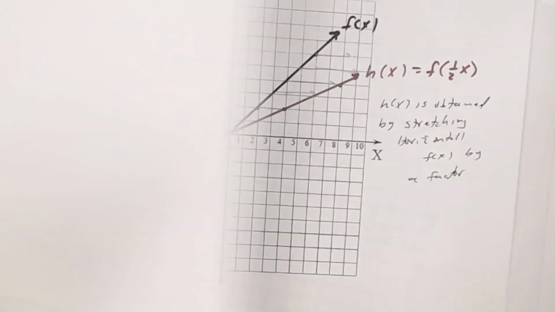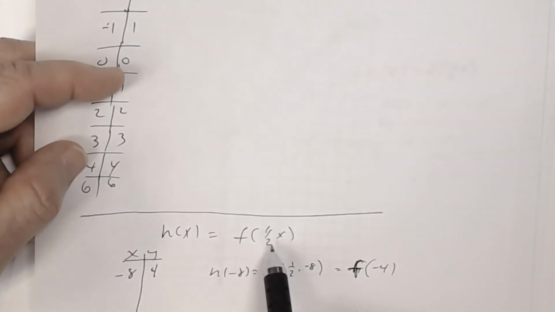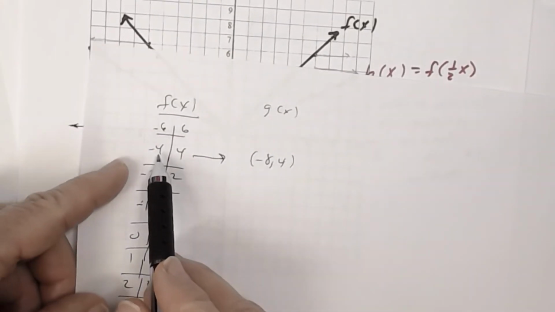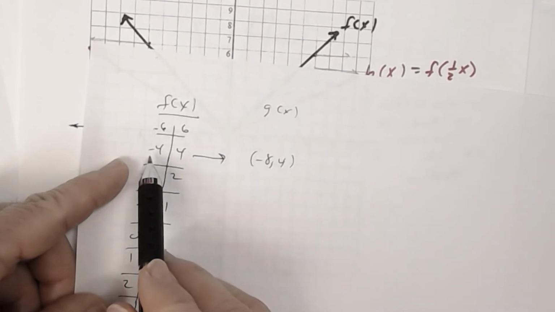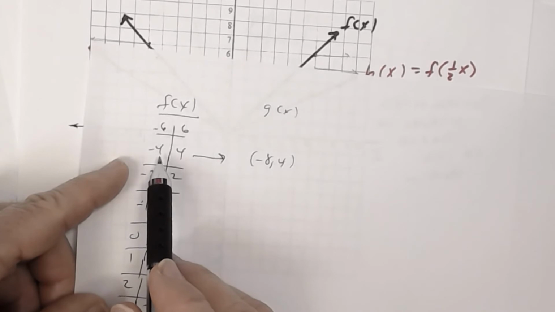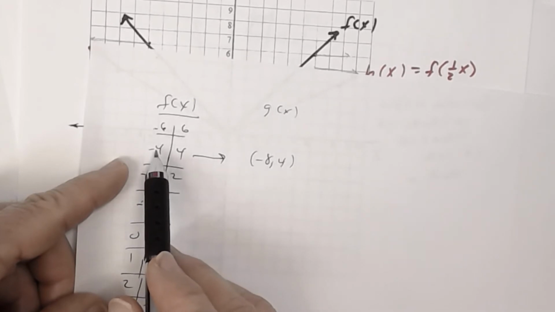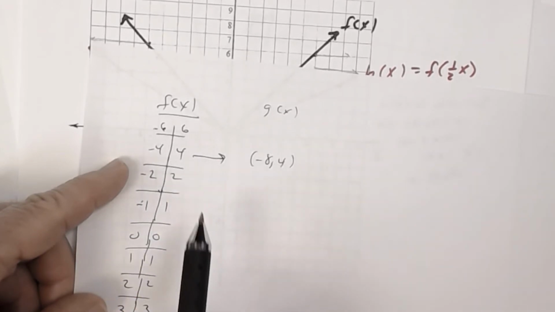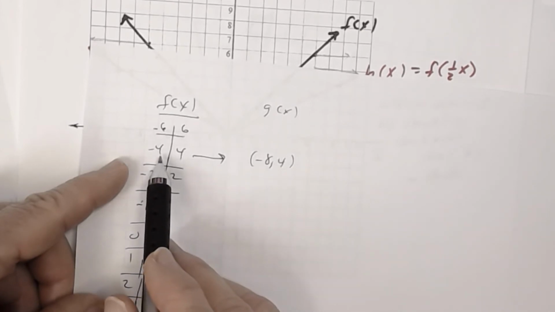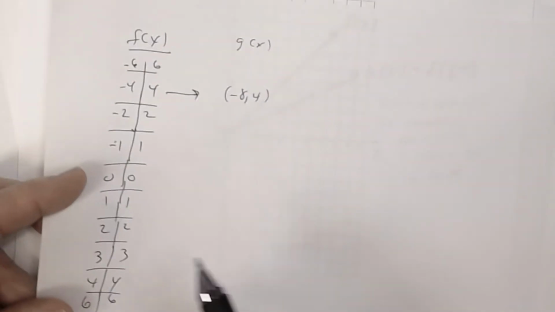Now you see this 1/2? The question is, do I take half of this to get this, or do I multiply by 2? Do I multiply by the reciprocal? It's the reciprocal, right? So that's why it's counterintuitive. Remember our rule was we take x divided by c.